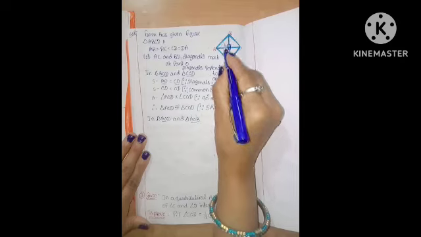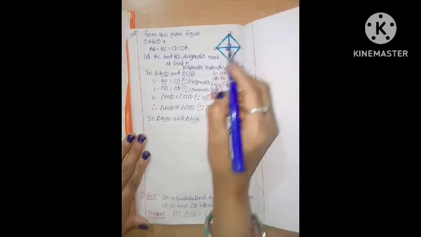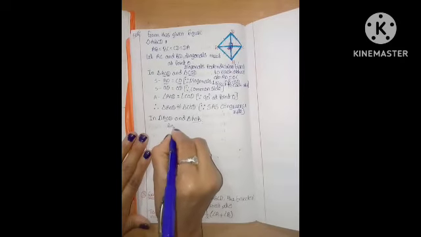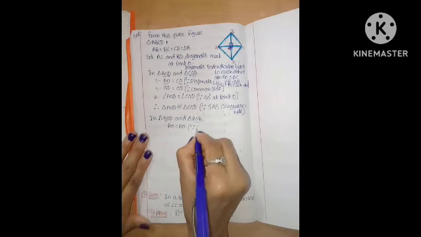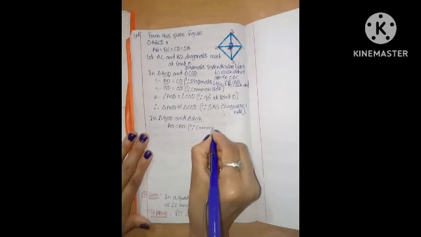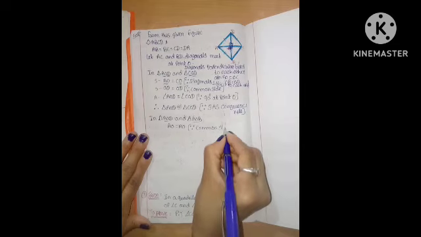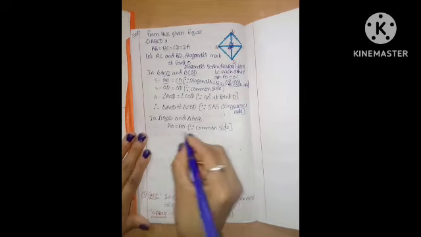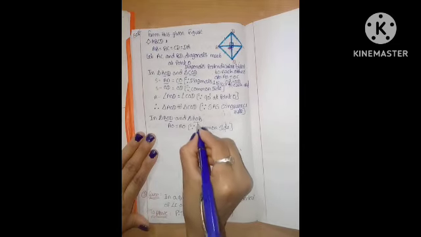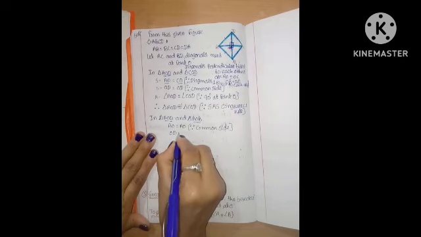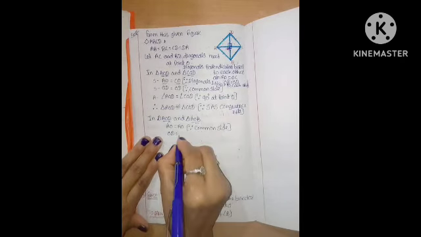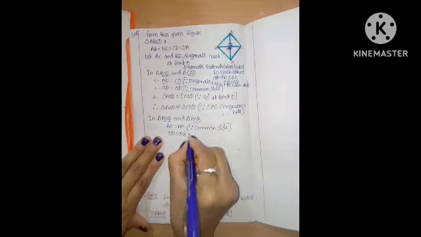What is the common side? AO is equal to AO. Why is it equal? Since it is the common side in these two triangles. And OD is equal to OB.